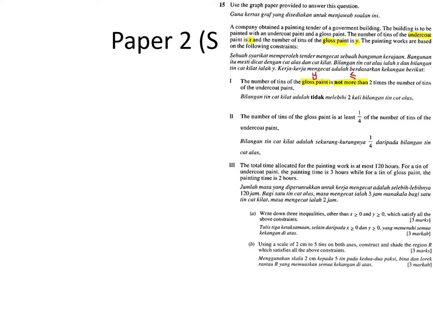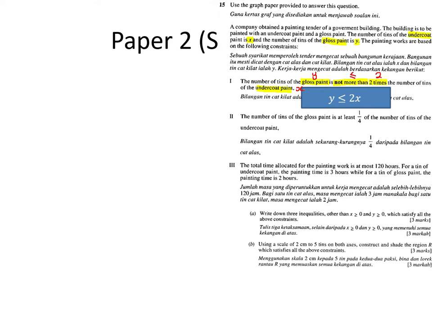It can be less, right? 2 times, we just understand it as 2 here. The number of tins of the undercoat paint will be X. So with that, we get our first inequality, which is Y is less than or equal to 2X.